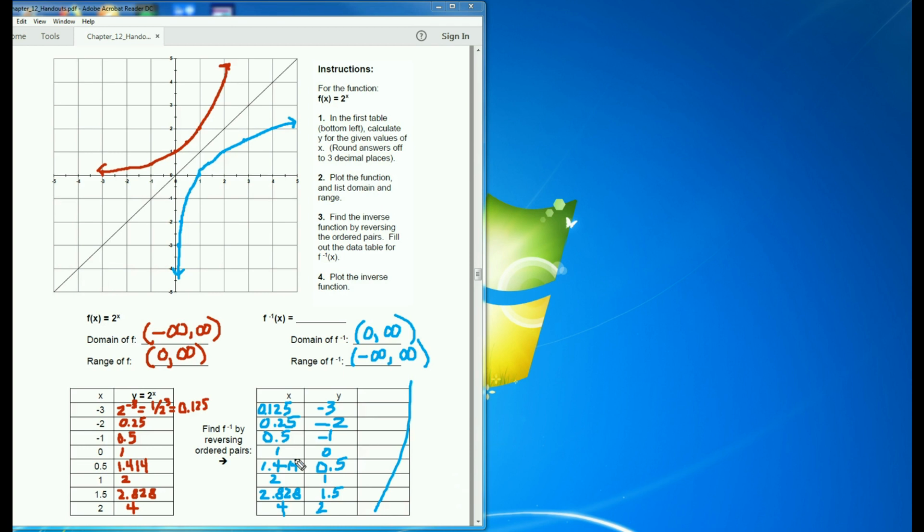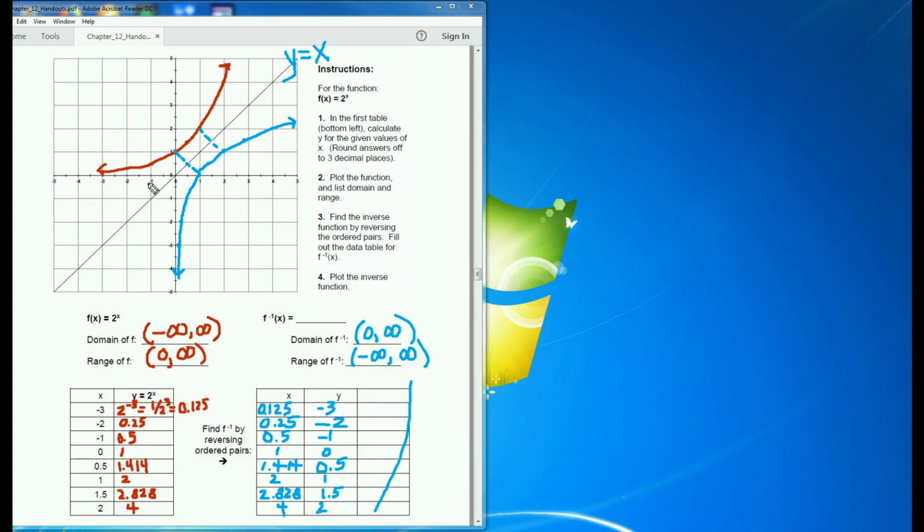All right, so we have a plot of the inverse function, and as before, when we looked at inverse functions, you'll notice I had plotted the line y equals x, and if you recall, for inverse functions, each point is symmetric across the line y equals x.